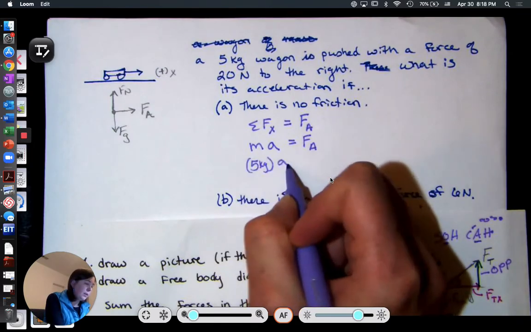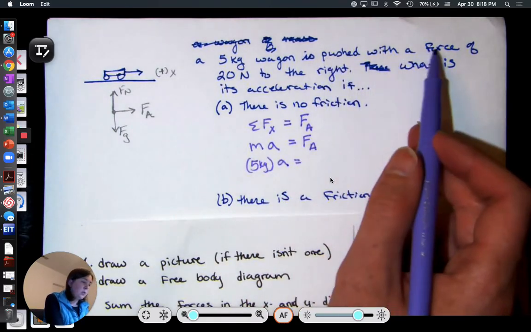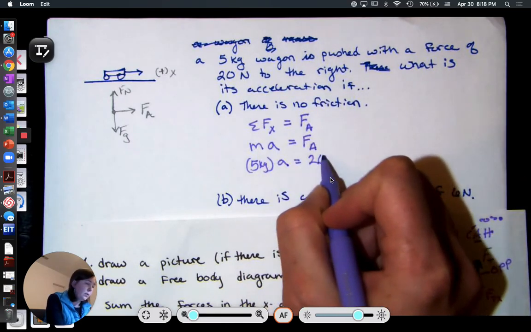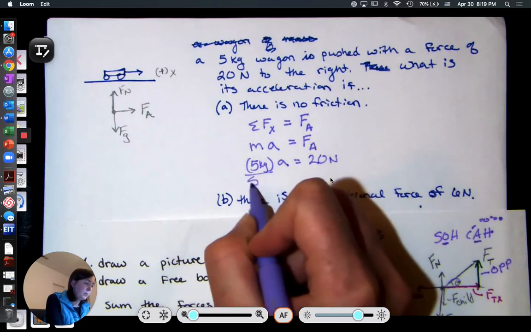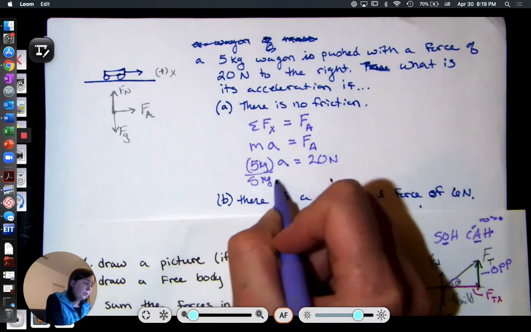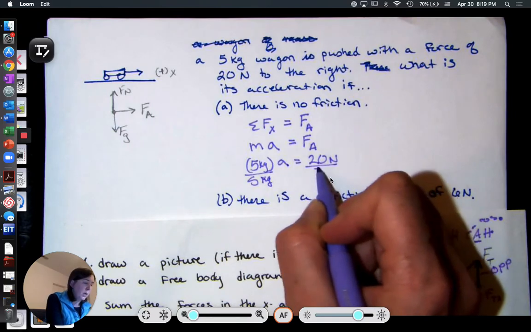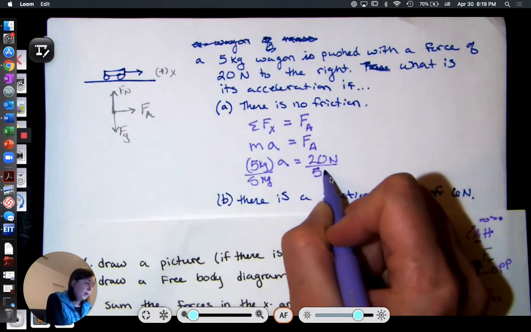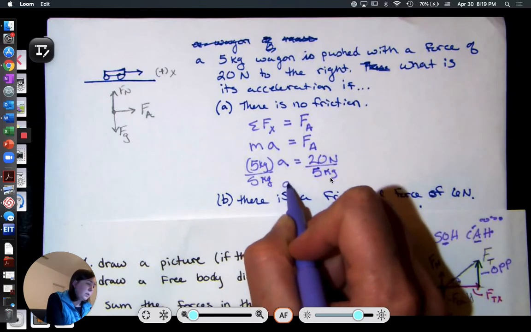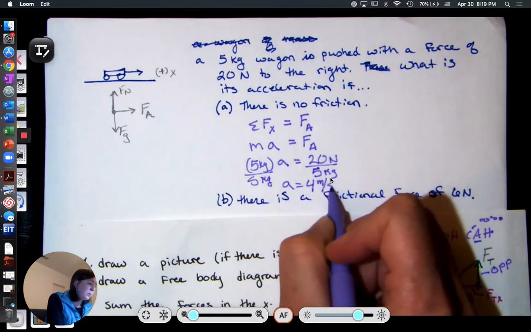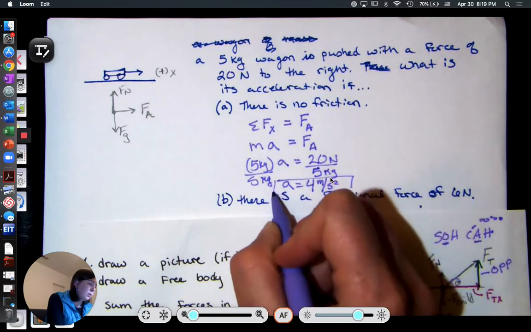We're looking for acceleration. It's pushed with a force of 20 newtons, so that is going to be my applied force. I'll divide both sides by 5 kilograms. You could have solved for a first; that's usually what I do, but I know that a lot of people are uncomfortable with that. That gives me an acceleration of 20 divided by 5, 4, remember, meters per second squared. That's our unit for acceleration.